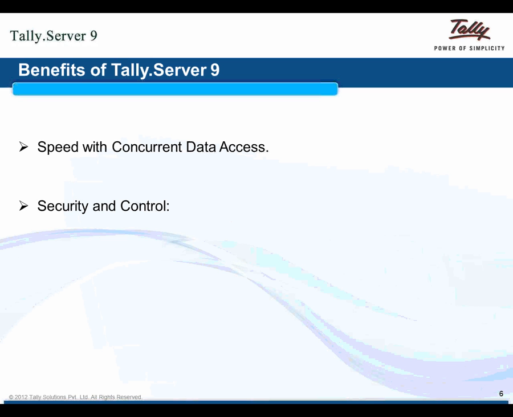And the next one is security and control. This is the most important feature required by enterprise class customers. Currently, in Tally.ERP Series A, if you share the data on a Windows network, any user can copy the data folder from the network computer.